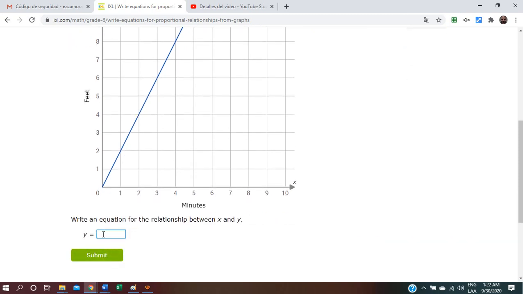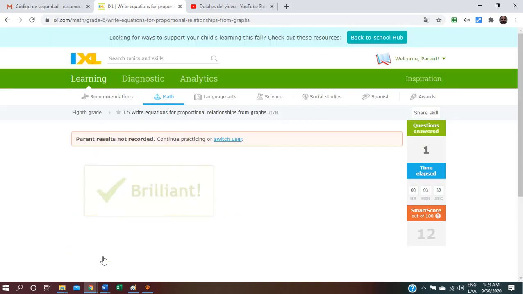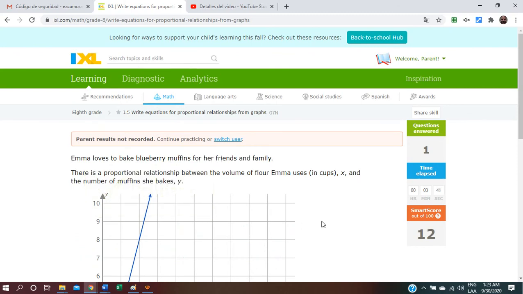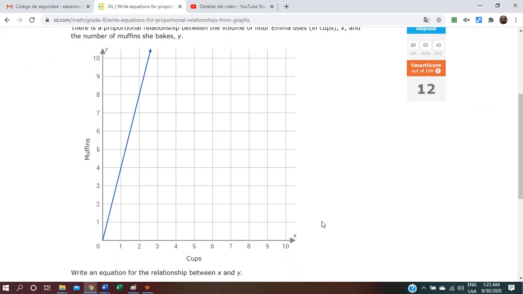We write that number, that is our constant of proportionality, and we add an x because it implies multiplication. Or if you want to choose this point, it will be the same, because 8 divided by 4 equals 2x. So y equals 2x. We submit our answer, and that's it.